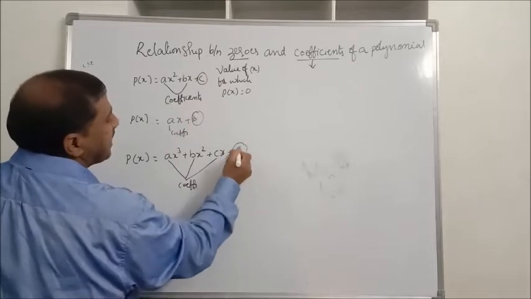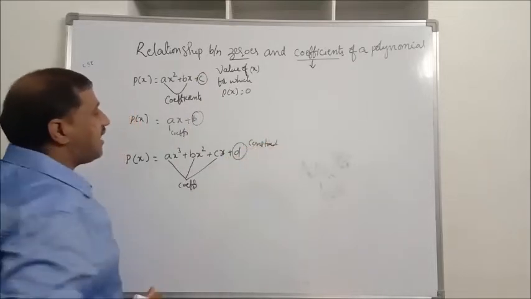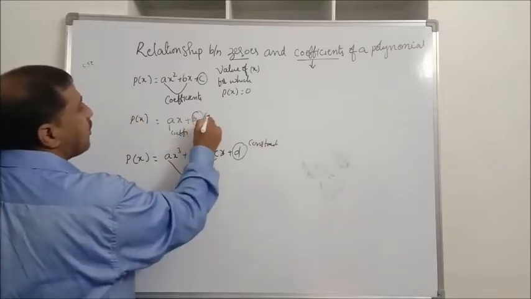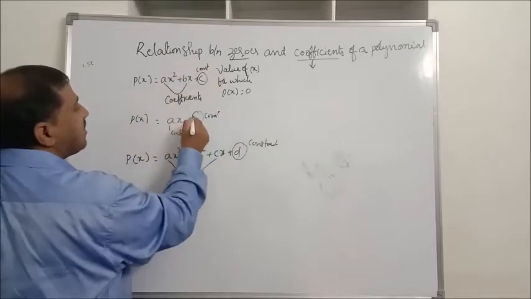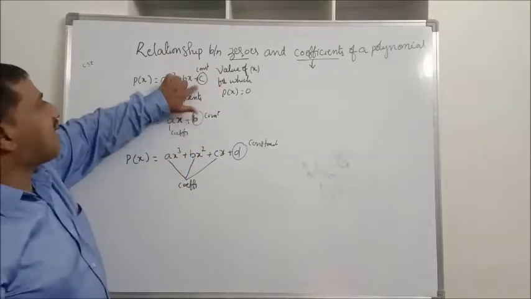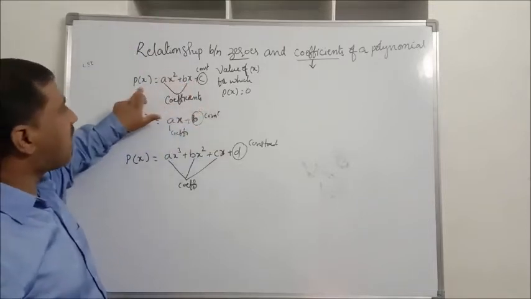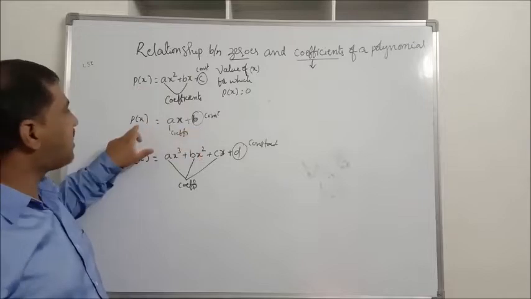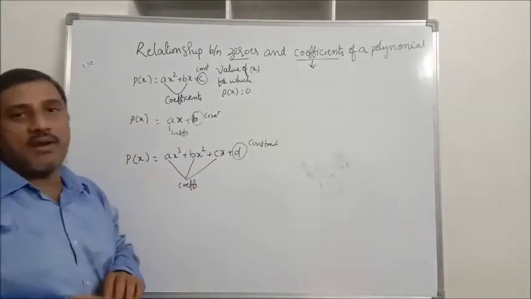What about this d? It is known as a constant. Sorry, in the quadratic polynomial c is the constant, in the linear polynomial b is the constant, and in the cubic polynomial d is the constant.